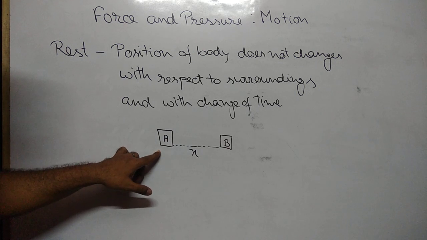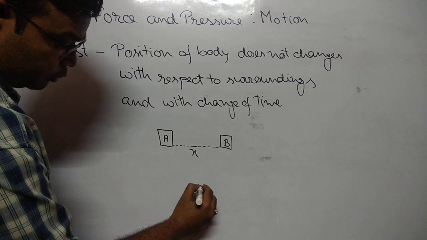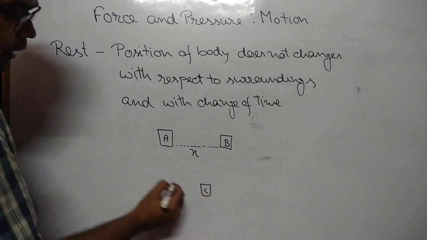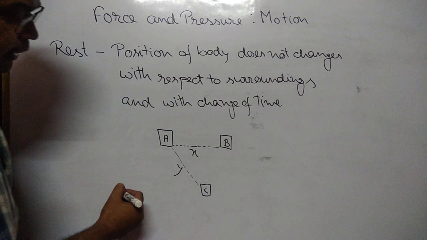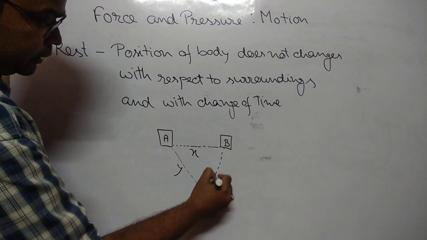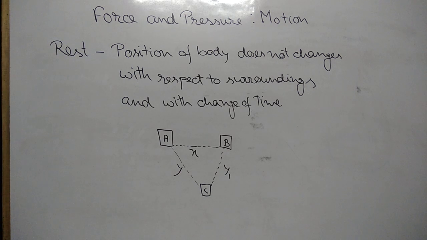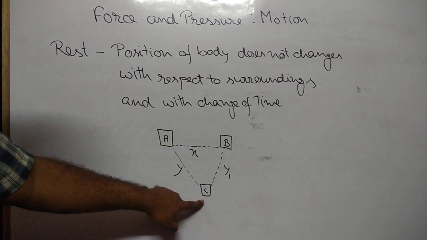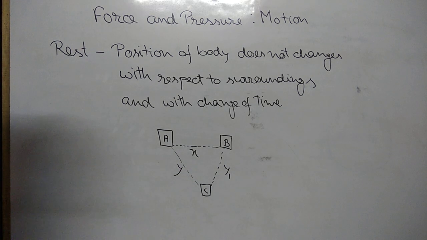We also take another reference point, point C, and the distance between A and C is y, and the distance between B and C is y1. So we are observing that the distance between A and C and between B and C is always fixed, that is y and y1 respectively.